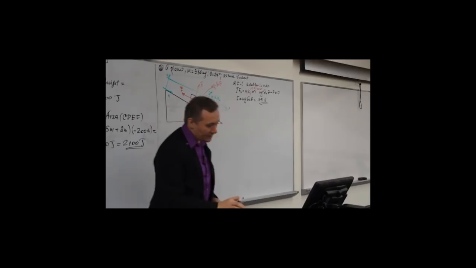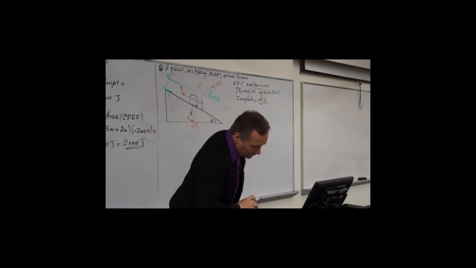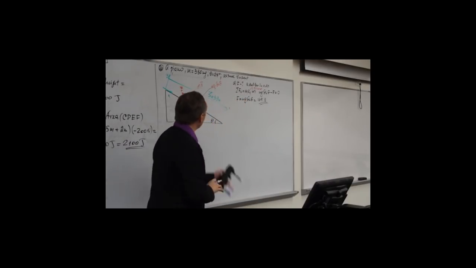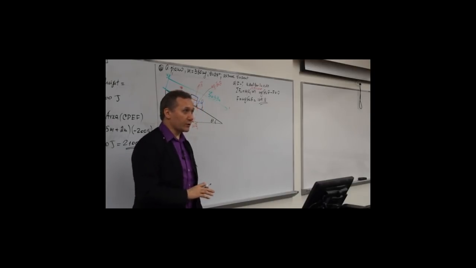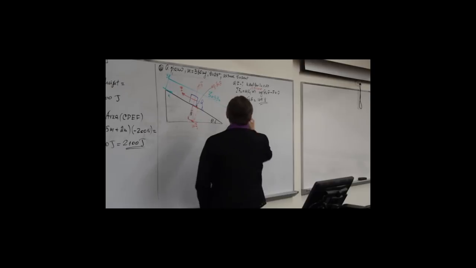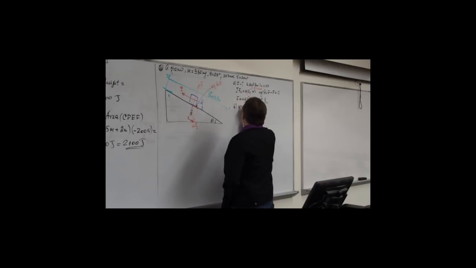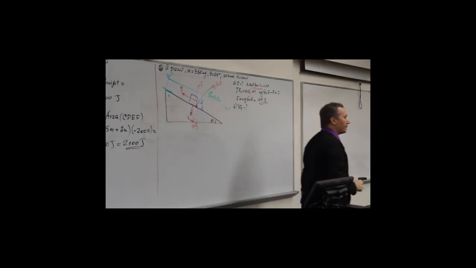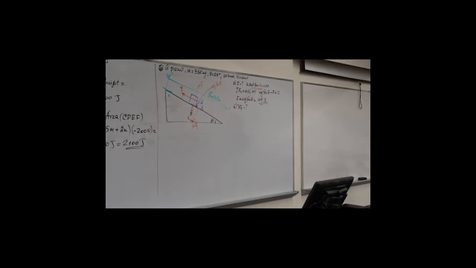These are preliminary steps. Now, what's the next question? We need to find the work done by all these forces. Let's start with the work done by the man. So B, work done by this force F, basically by this guy. What's the work done by this guy?